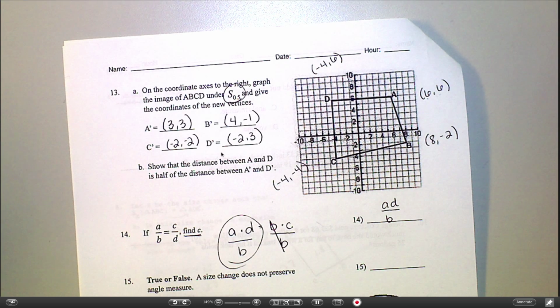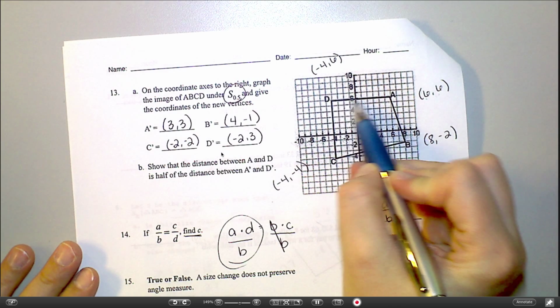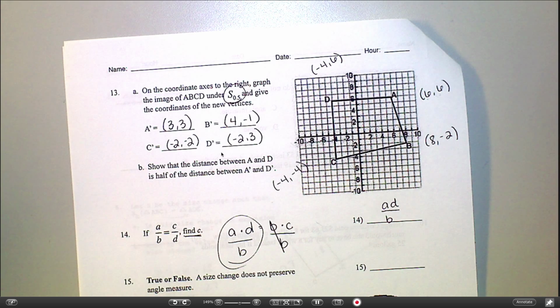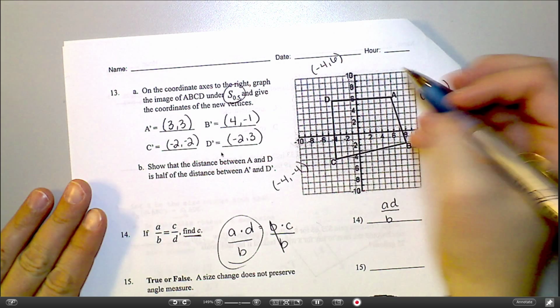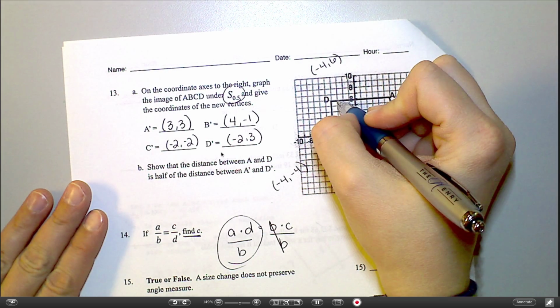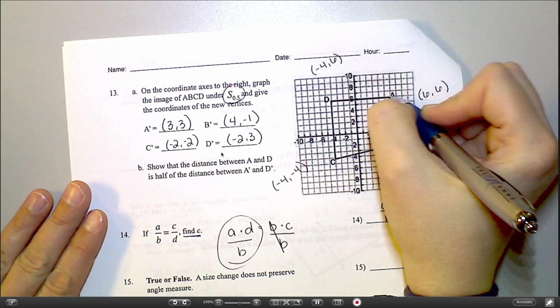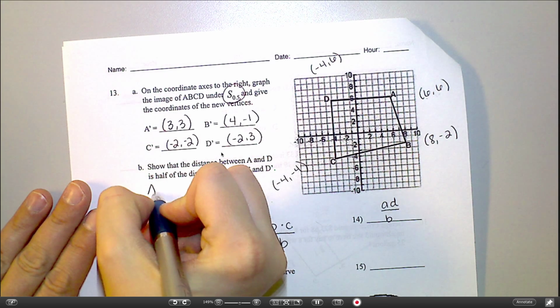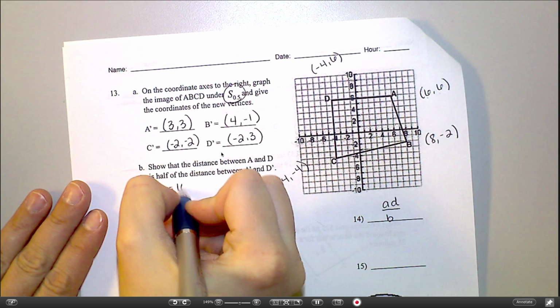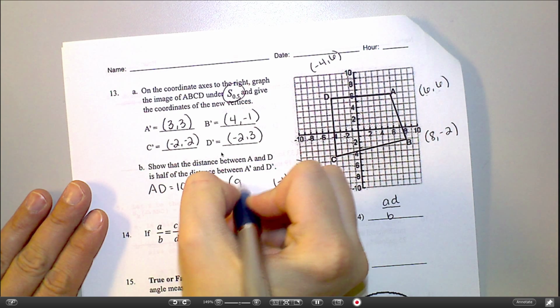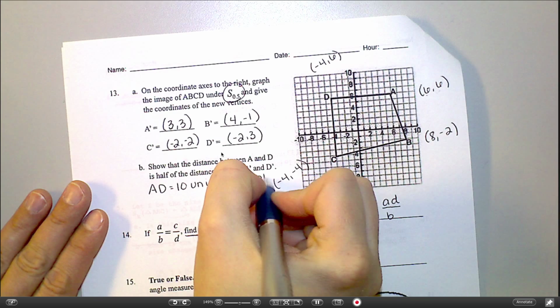Since it's just full units, we just count the units. Yeah, because it's horizontal, it's straight across. You don't have that diagonal where you have to do Pythag. I could just say the length from A to D is 1, 2, 3, 4, 5, 6, 7, 8, 9, 10 units, and maybe say that I counted it on the graph.